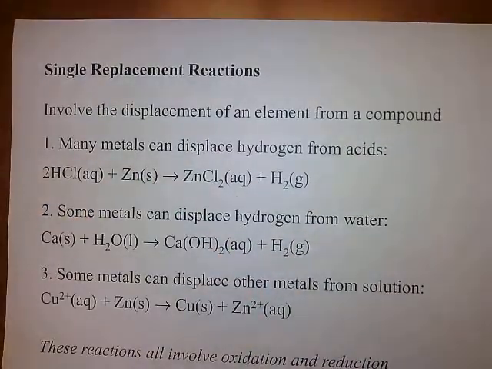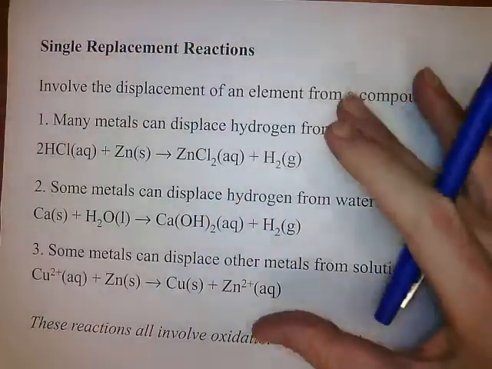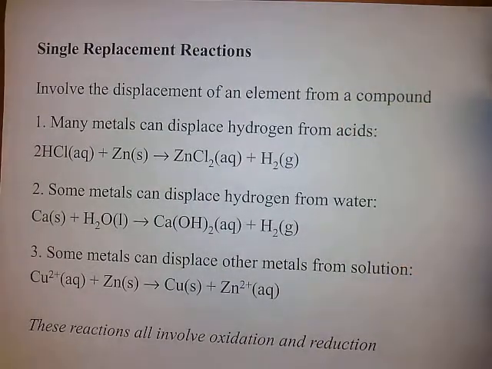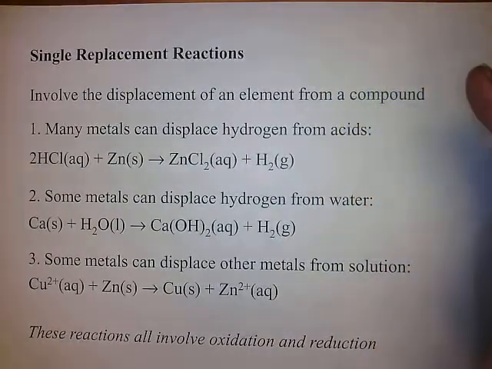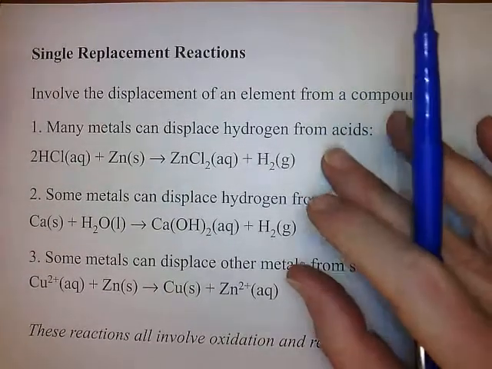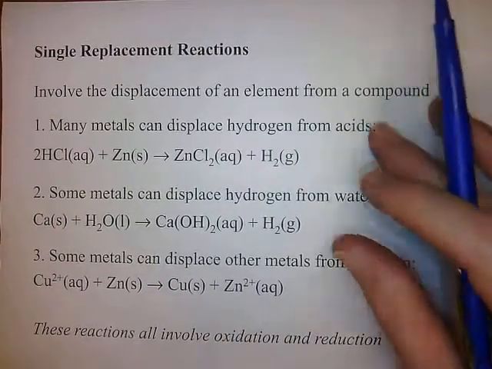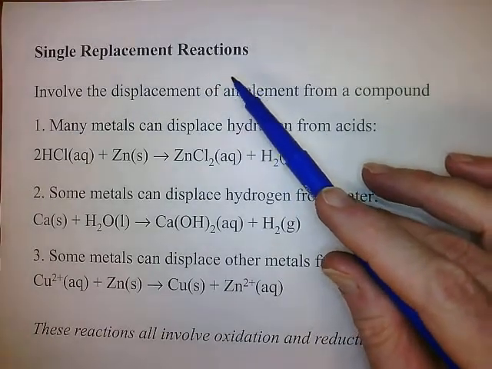So we talked about a couple of examples of redox reactions. I said anytime you make an element, anytime you take a compound and decompose it into elements, it's redox, or vice versa. Now there's another class of reactions that involve oxidation and reduction, called single replacement reactions.